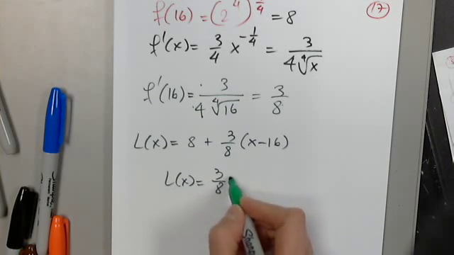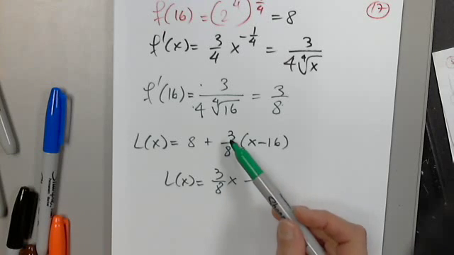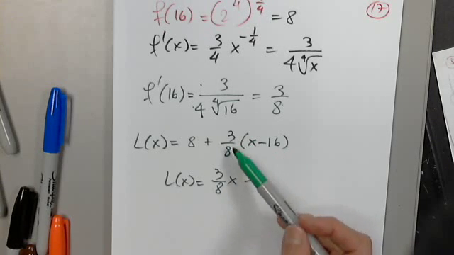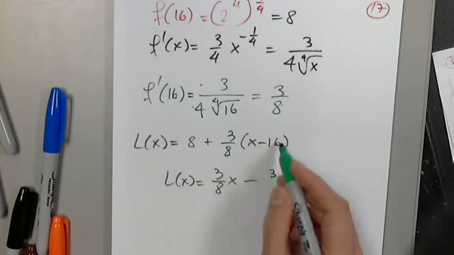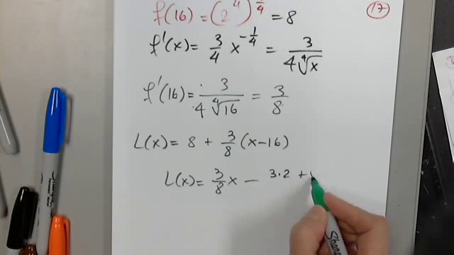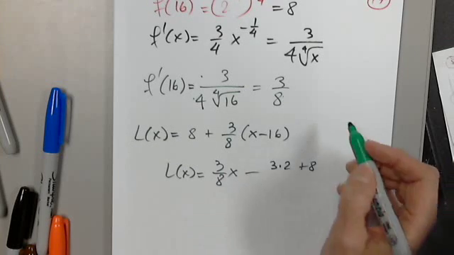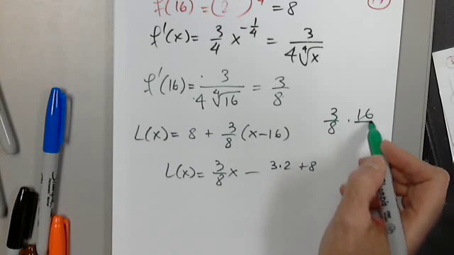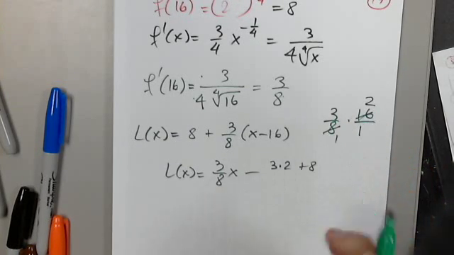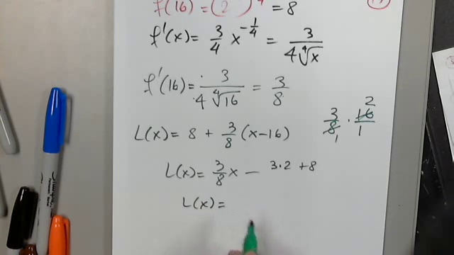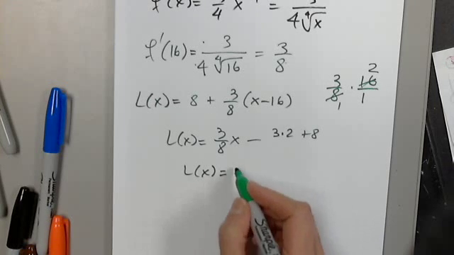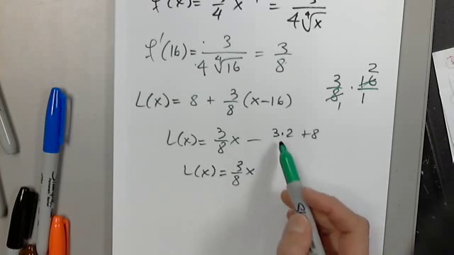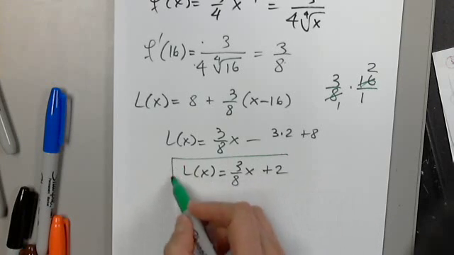So 3 over 8 x minus, so when I multiply, 3 over 8 times 16 divided by 1, it's 2. So the line that approximates the given function near 16 will be 3 over 8 x, and this is plus 2.